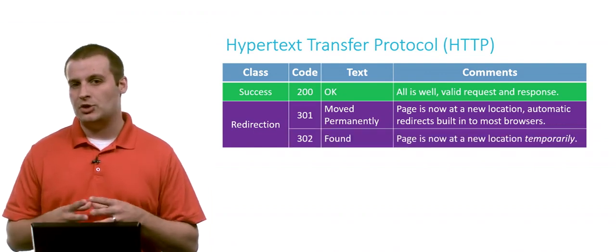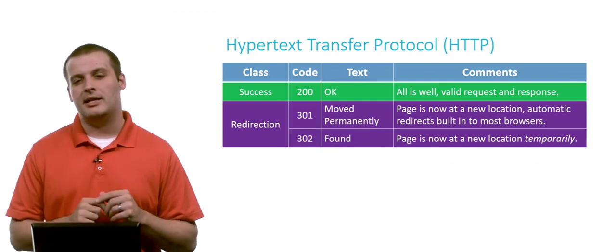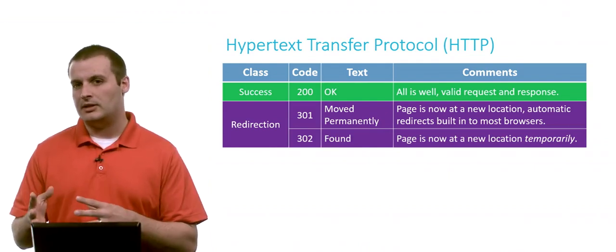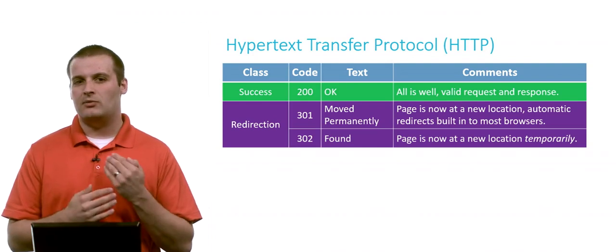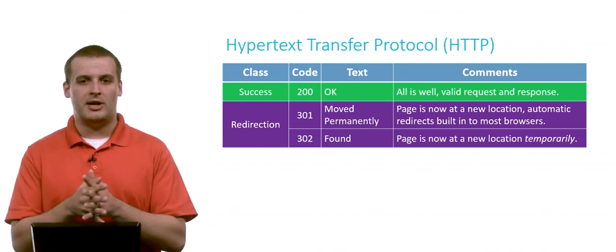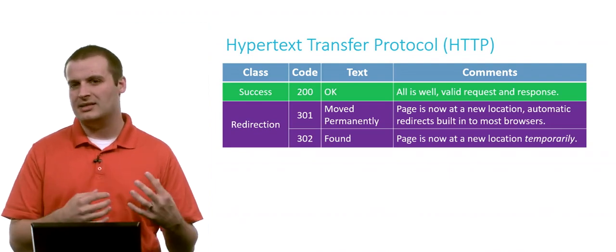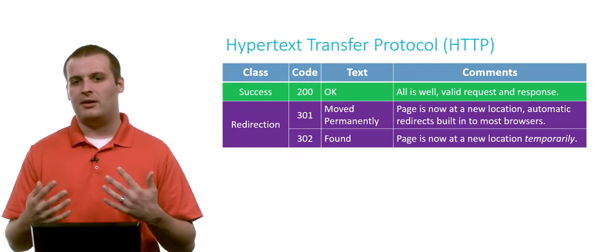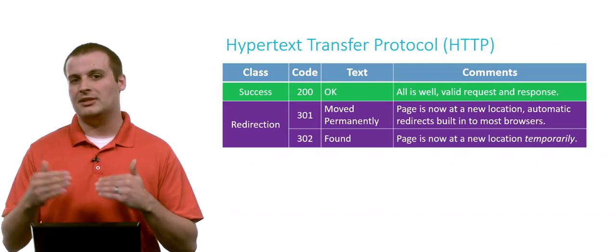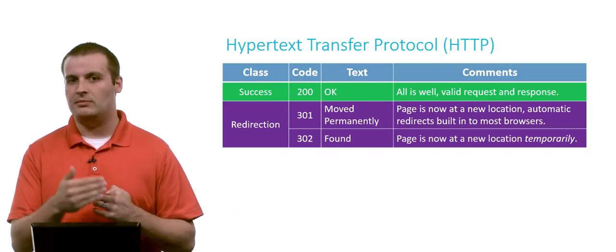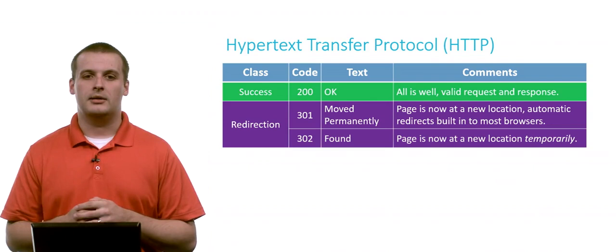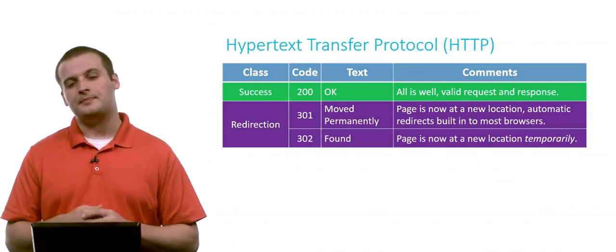Sometimes you'll also get 302 found, and this one you actually might still see occasionally. Sometimes pages move temporarily, so it's not going to be built into the request, telling the browser to permanently change anytime it sees the request that you make to change it to something else. So you might see 302 found, which basically says this page lives somewhere else, but it's not going to live there forever. It'll eventually probably go back to where you think it is.